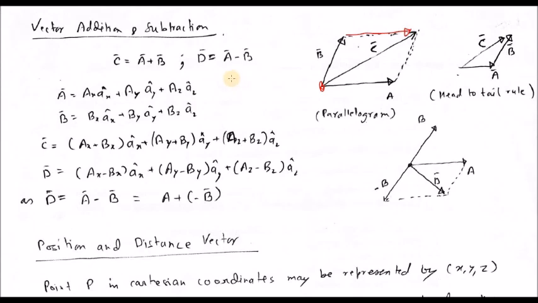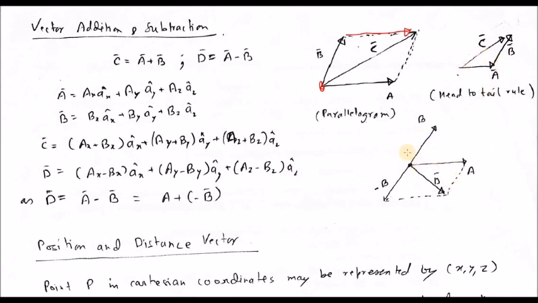Next is subtraction. Suppose D equals A minus B. So I can write A minus B as A plus minus B. So it will be (Ax minus Bx) ax plus (Ay minus By) ay plus (Az minus Bz) az.